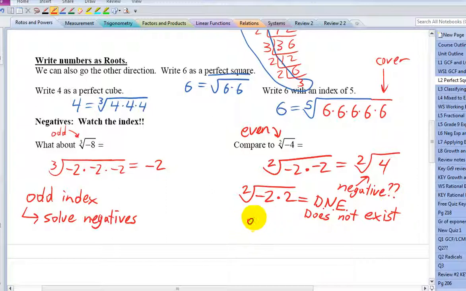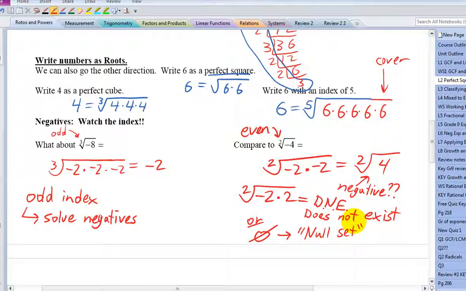Or you can use a circle with a line through it, which means does not exist. This is called null set. You'll be using null set a fair amount this course, so write it down. Alex, don't just stare at it, write it down. Okay, so null set does not exist.